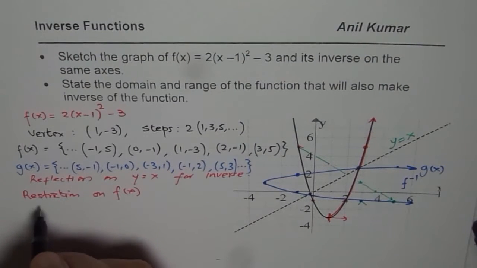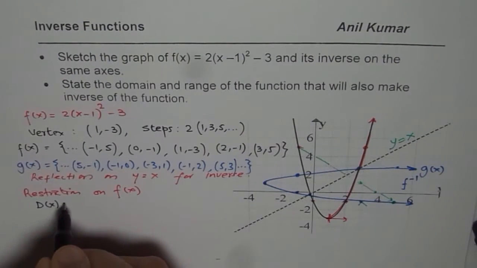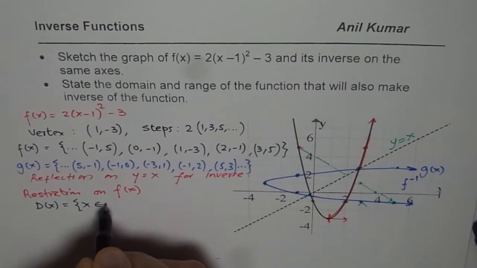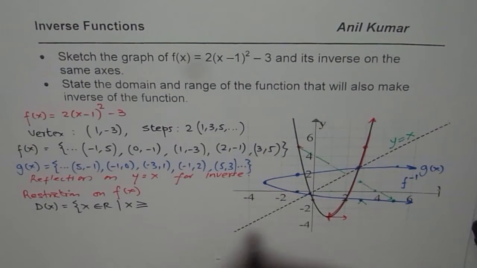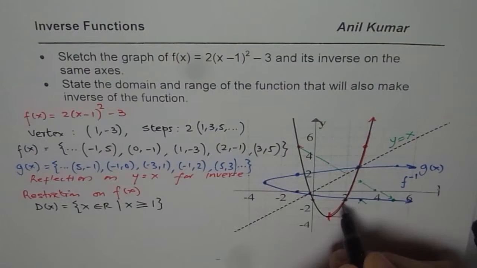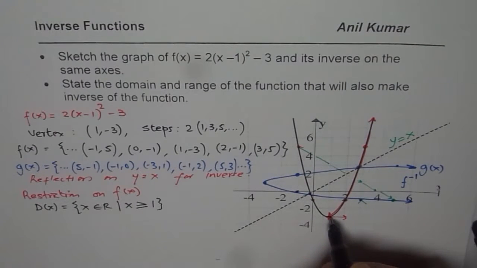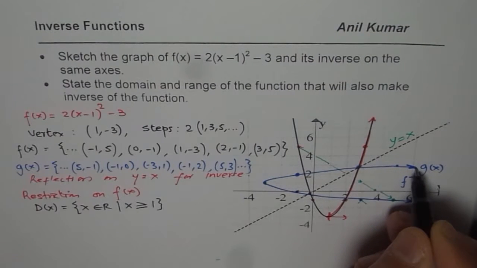So now we can restrict the domain of the function so that x belongs to real numbers, but x is greater than or equal to plus 1. Okay, in that case we are restricting to only the right side of the parabola. Now this right side gets reflected onto the upper half of this, right?